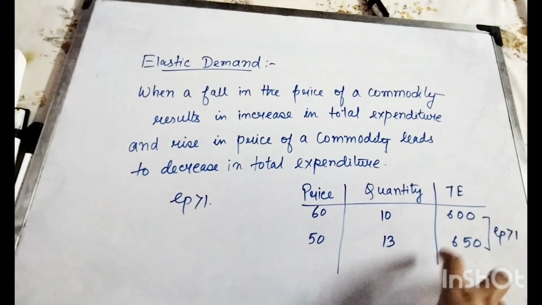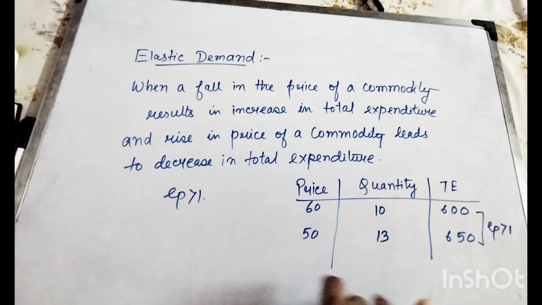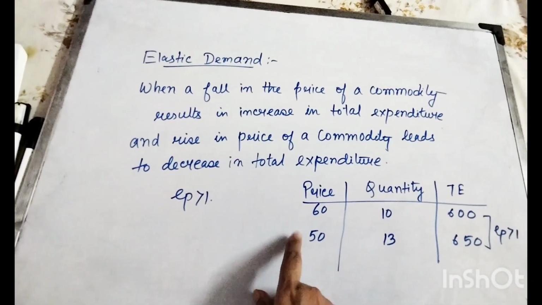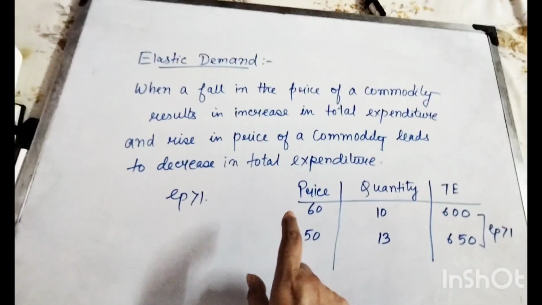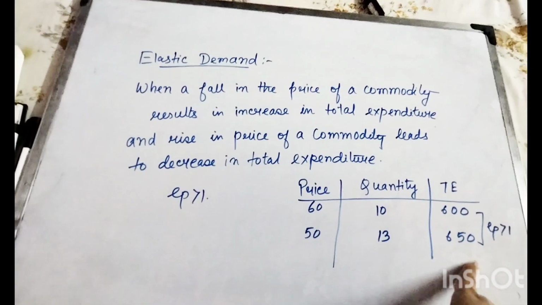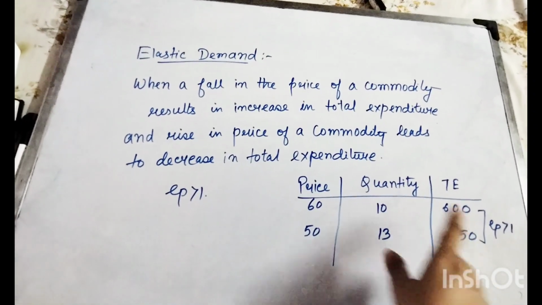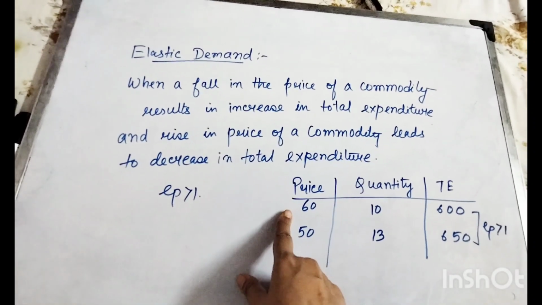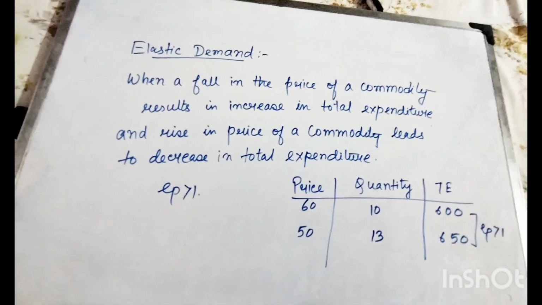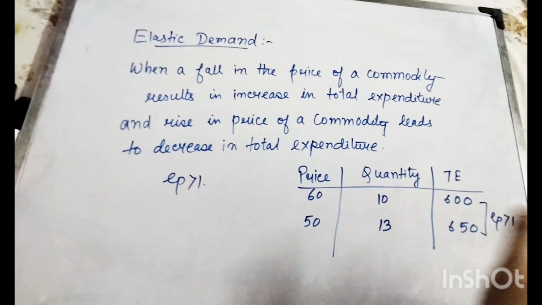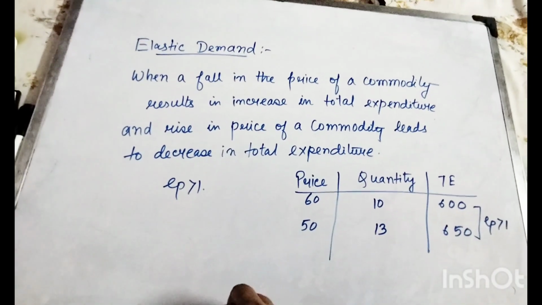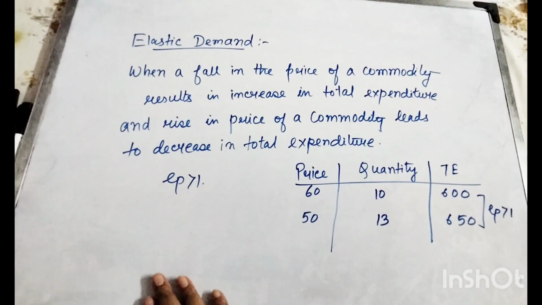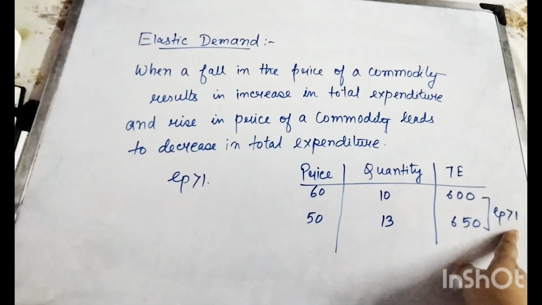So what we can evaluate from here is that as the price of a commodity falls, the total expenditure increases, and with the rise in price, the total expenditure decreases. In this case your EP will be greater than 1.